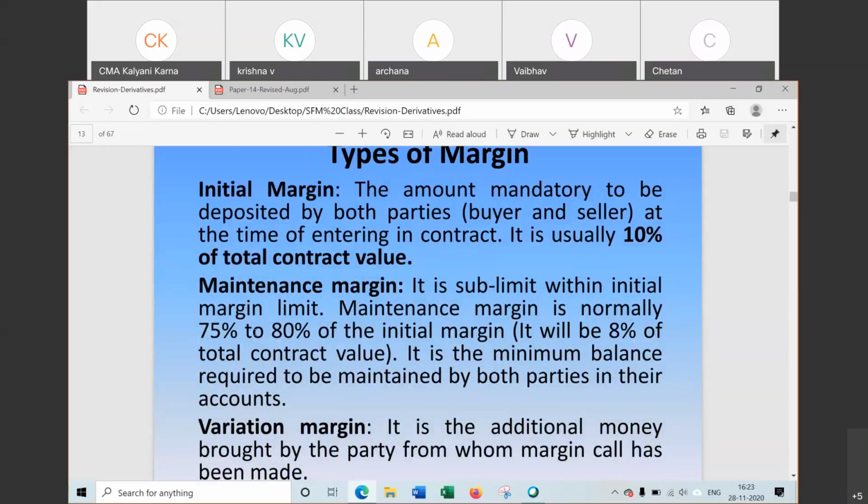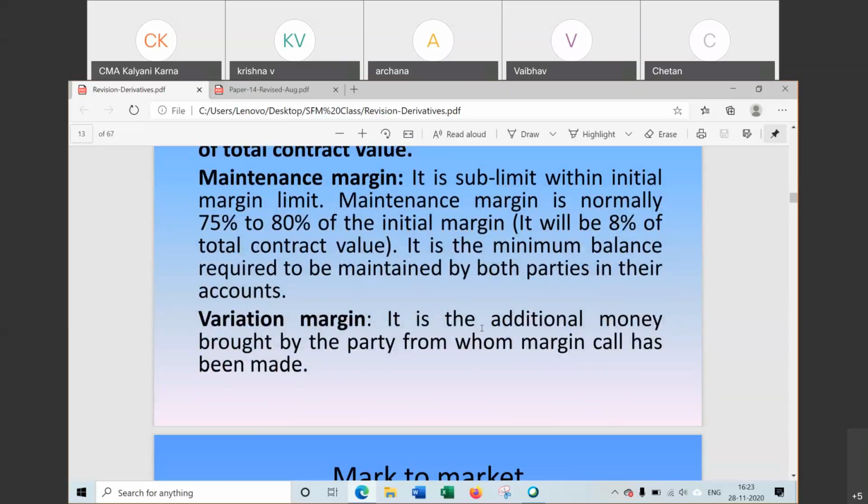It is generally 75 to 80% of initial margin, or we can say 7.5 to 8% of total contract price. Now variation margin, that is the additional money to be brought by both parties.